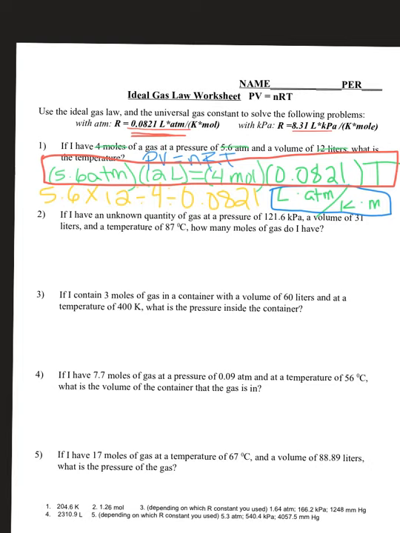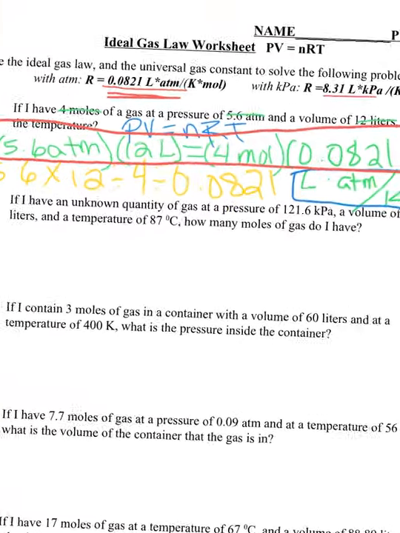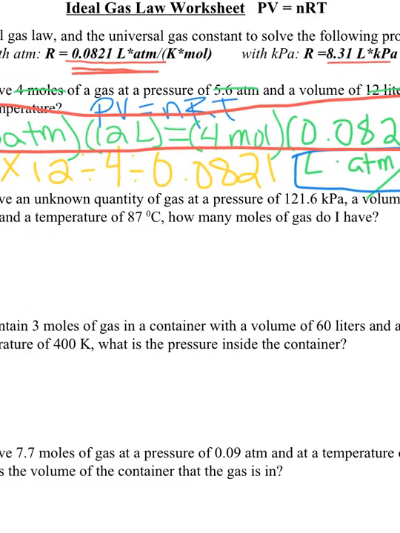Number 2, if I have an unknown quantity of gas at a pressure of 121.6 kilopascals, a volume of 31 liters, and a temperature of 87 degrees Celsius, how many moles of gas do I have? Okay, so again, PV equals nRT.